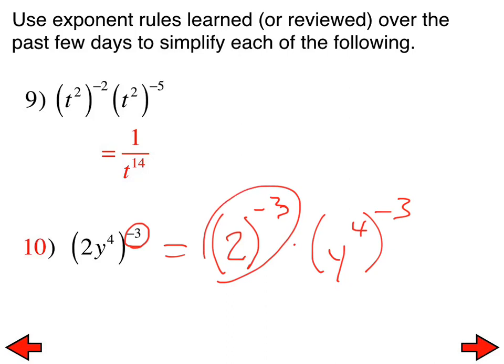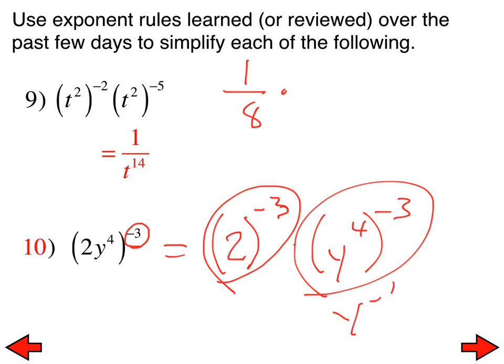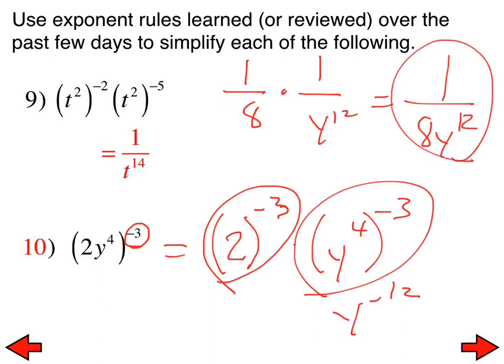Well, 2 to the negative 3 is 1 over 8. And y to the fourth to the negative 3 is y to the negative 12, but y to the negative 12 is this. And you can see I still get to where I need to be, which is 1 over 8y to the 12th. Any questions about number 10?